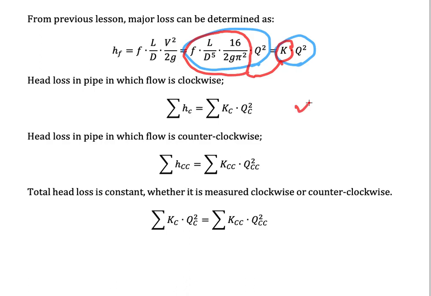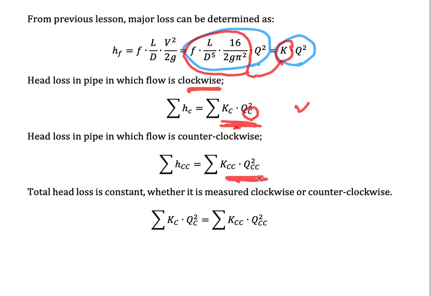We believe that the head loss in the pipe in the clockwise direction can be written as Kc times Qc squared, where C means clockwise. The head loss for the counterclockwise can be calculated as Kcc times Qcc squared.